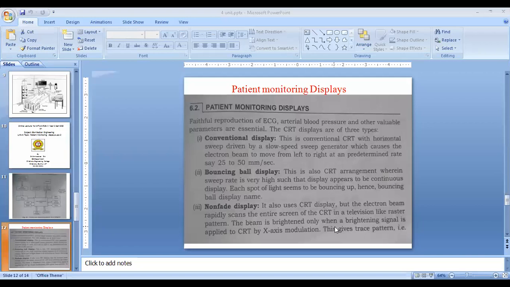Most of the persistence time is one second. The longest persistence of the tube is generally one second. So we can observe within one second, and after that it will disappear. When the beam of electrons bombards the phosphor material, luminance occurs.